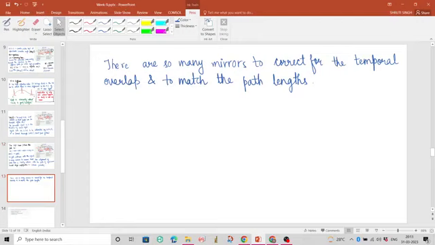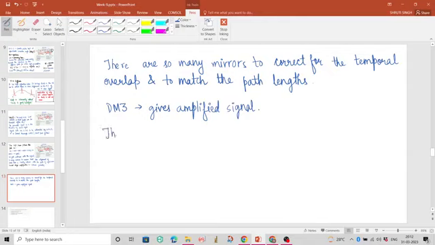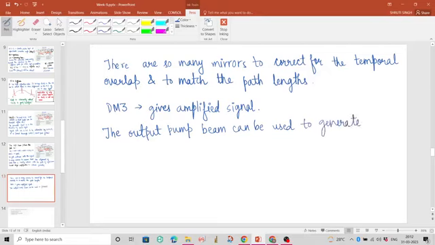So the last part of the setup, DM3, gives the amplified signal, and the remaining pump comes out as the output pump beam, which we can use further.